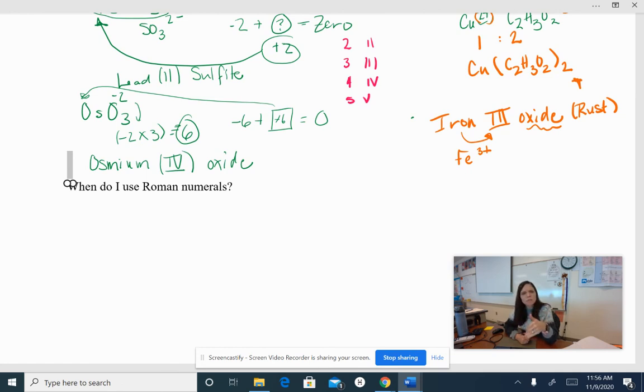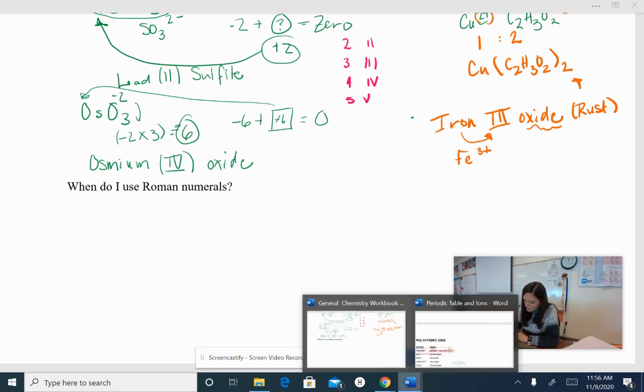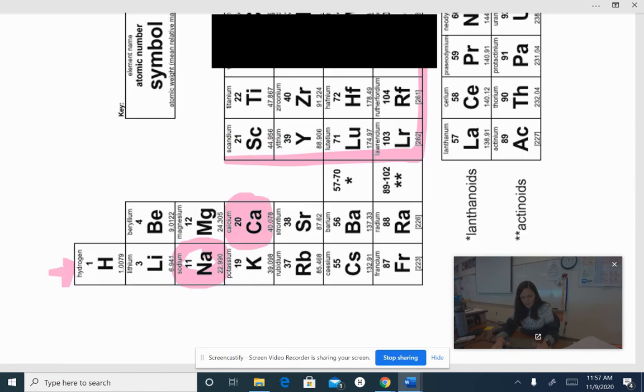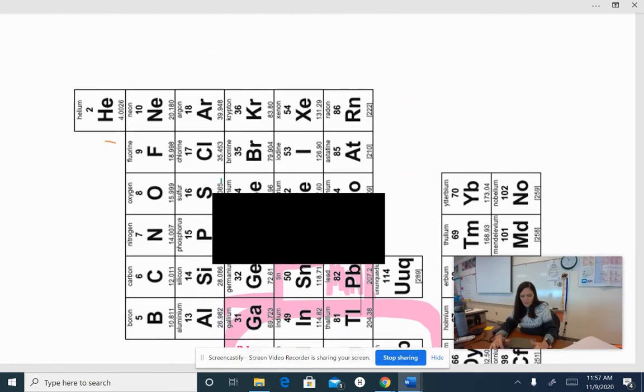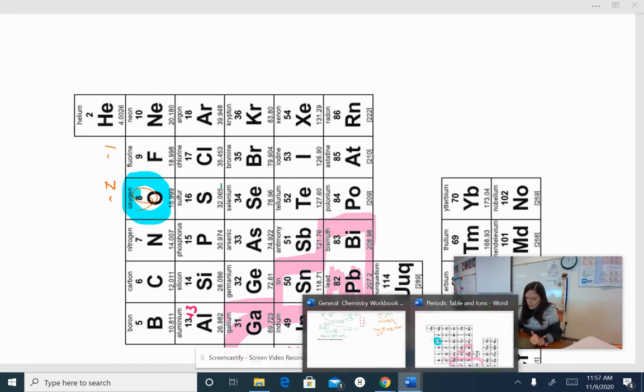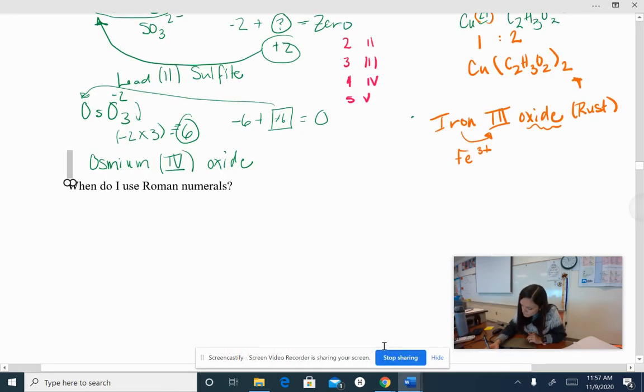So what's the root ox come from? It comes from oxygen. If I look at oxygen on the periodic table, sorry, the lunch bell just rang. Oxygen's right here, and it's a negative 2. So we know that oxygen is a negative 2.